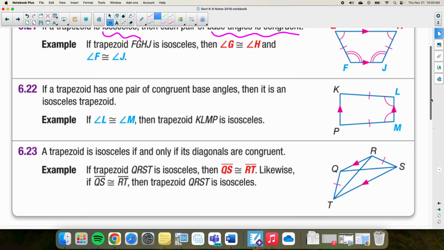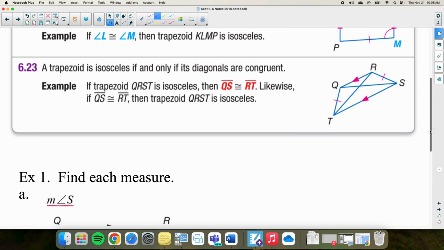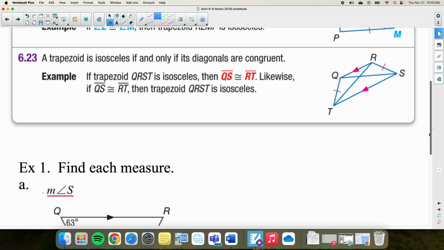Then we're not going to really look at 6.22, but this is the one that says your diagonals are congruent. So what that would mean is like QS right here would be congruent to RT right here. So QS would be congruent to RT, only if it's isosceles.